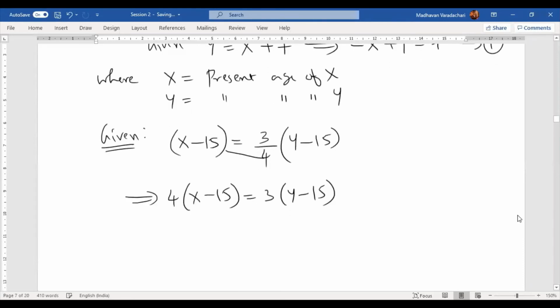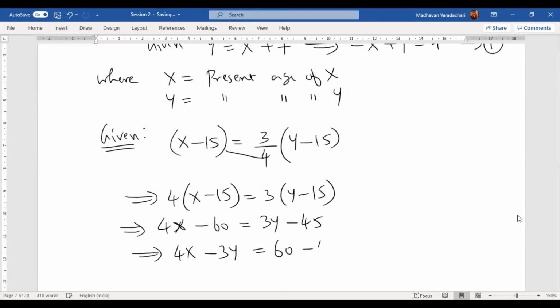So let me expand this. I will have 4x minus 60 is equal to 3y minus 45, or 4x minus 3y is equal to 60 minus 45, which means 4x minus 3y equal to 15. Let me call this our second equation.